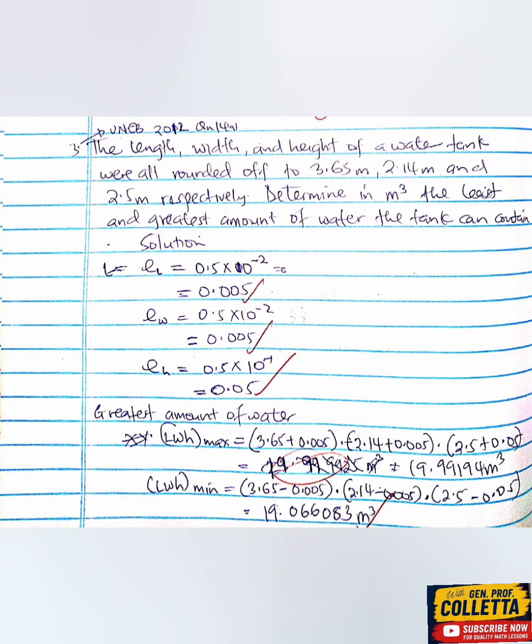To get the maximum value in multiplication, that is maximum length times maximum width times maximum height. That's why on each parameter you are adding the error. Then to get the minimum value, we just do the same: minimum length times minimum width times minimum height. That's why on every parameter we have been subtracting that error.